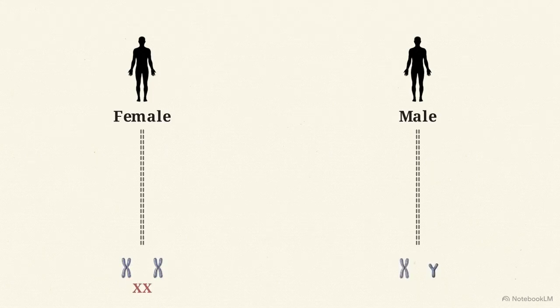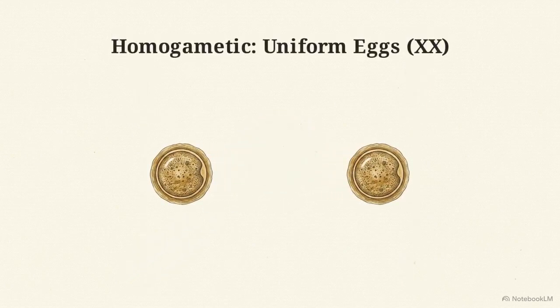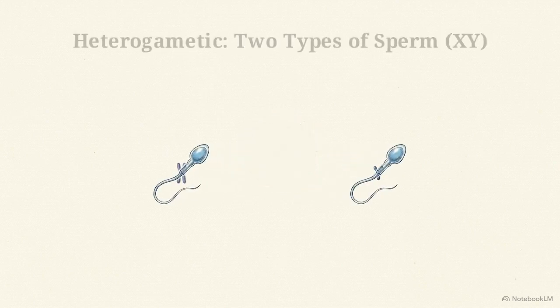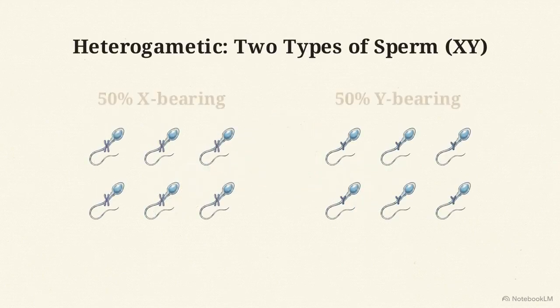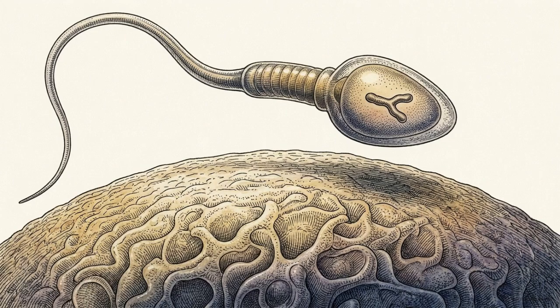Females have a matching XX pair, while the male counterpart is a distinctly smaller Y chromosome. As a homogametic parent, the human female produces only one type of egg, each carrying an X chromosome. Human males demonstrate heterogamety, producing a 50-50 split of X-bearing and Y-bearing sperm. Because the maternal contribution is constant, the genetic payload of the father's sperm acts as the absolute determinant of sex.